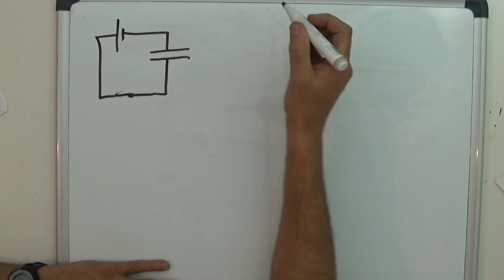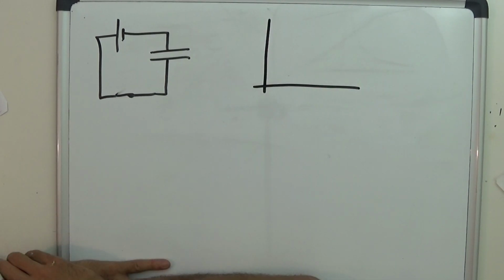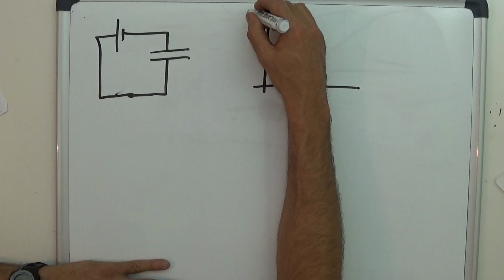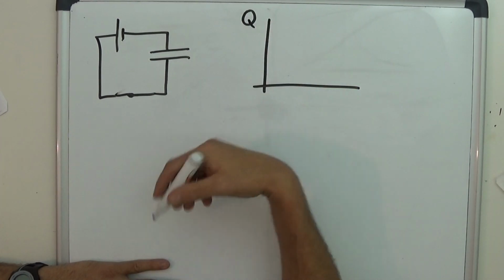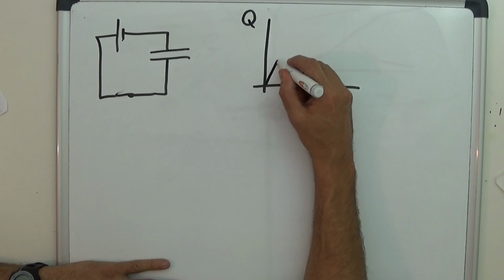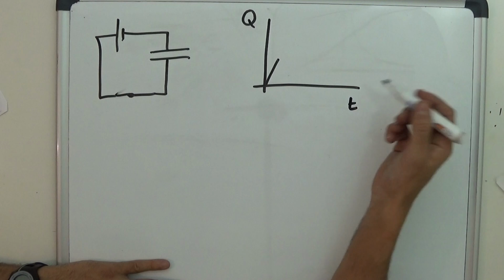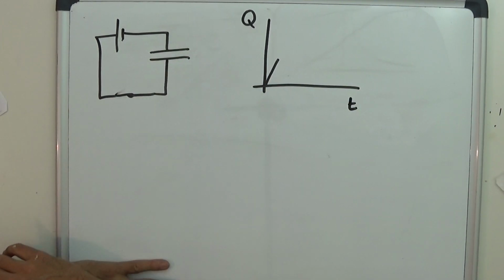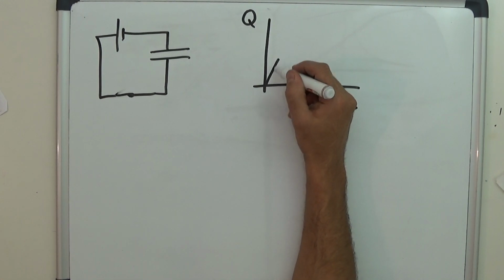So let's stick with charge. If you think about the start, it's going to be flying on there. It's going to be a big current. Remember the current over time graph, charge over time is the current. So if there's a large current as it's flying on, we're going to have a steep gradient at the start.